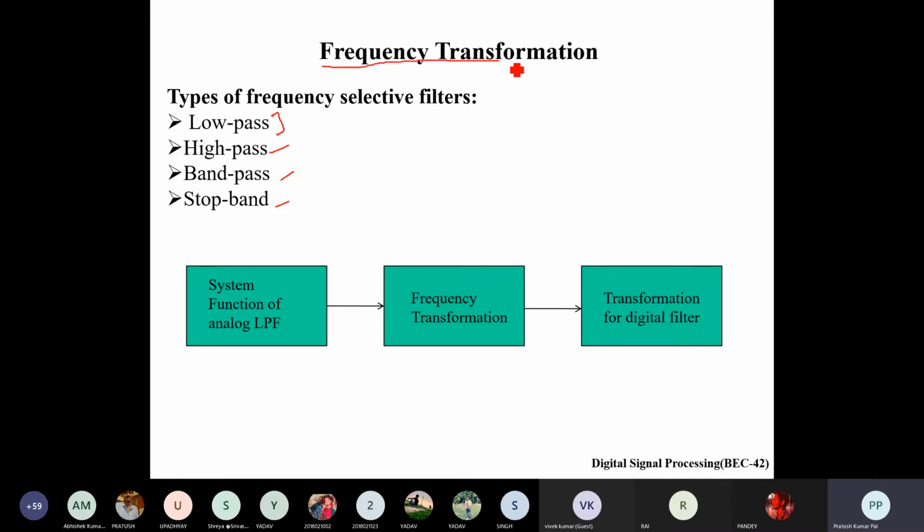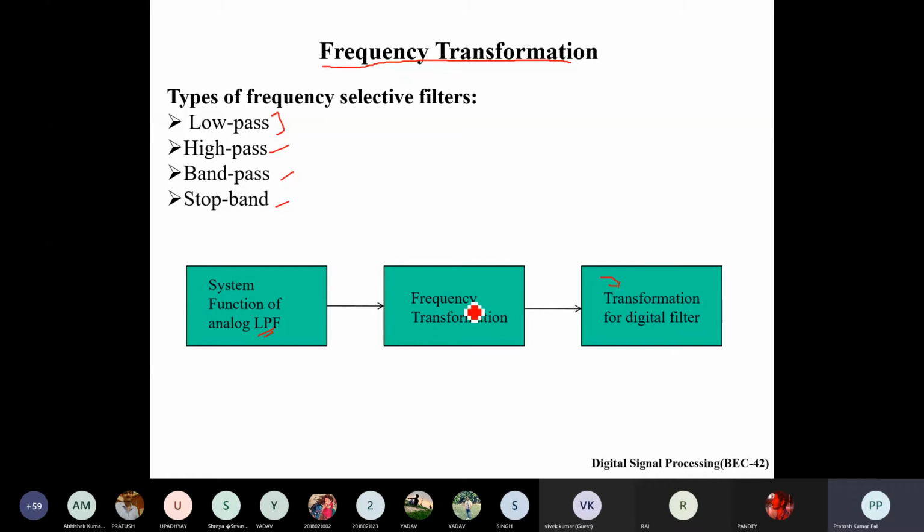Basically, as the name suggests, in frequency transformation we transform the frequency of the low pass filter to convert it into a high pass filter, band pass filter, or band stop filter. Given the system function of an analog low pass filter, we apply a frequency transformation to convert it to a digital filter.